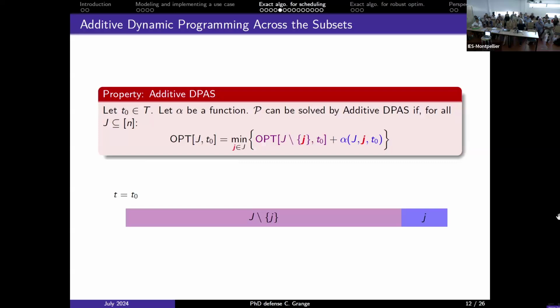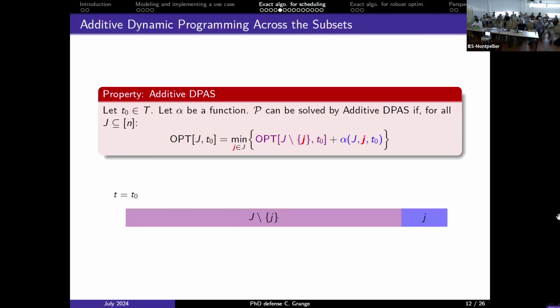Well, I say that P satisfies this property if for any J, so any subset of jobs, and any starting time T0, I can compute opt of J and T0 by computing over all jobs in J the best concatenation between scheduling all jobs in J without this job and setting this job at the end of the permutation.